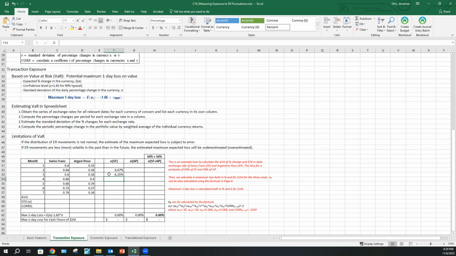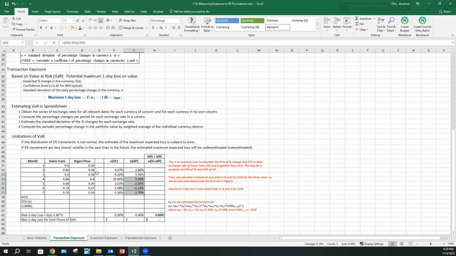So the rest is just copy and paste. See, easy, right? So these are all monthly percentage change in exchange rates. Now, the Argentina peso: 36 minus 35 divided by 35, the initial value, and then copy and paste.